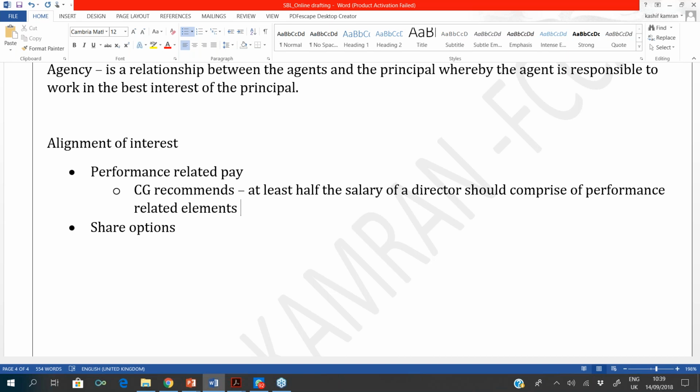At least half. It can be more than half. This is the best practice of corporate governance. Now understand what it is.